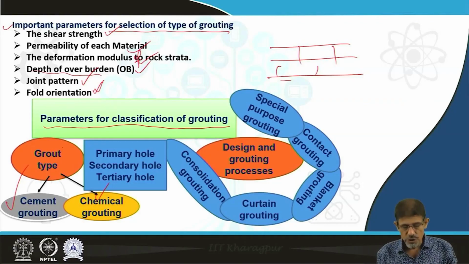In addition to the composition of grouts, we have classification based on grouting processes and design. Based on grouting processes and design, grouting can be categorized as consolidation grouting, curtain grouting, blanket grouting, contact grouting, and at specific times special purpose grouting for defined and targeted defect-oriented treatment.